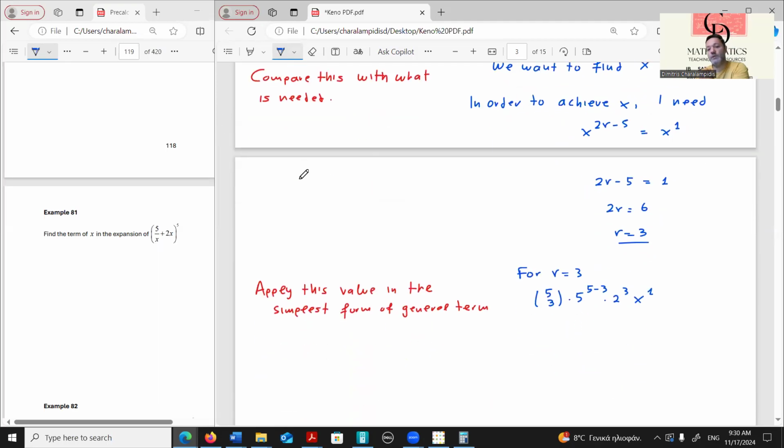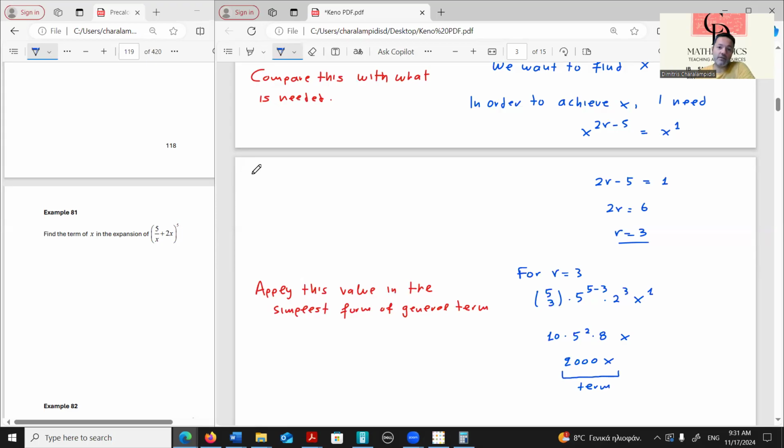Of course, we would need some calculations here, before we show that 5 choose 3 is actually equal to 10, times 5 squared times 8 times x. 5 squared times 8 is 200, times 10, 2000x. So this is the entire term we were looking for.